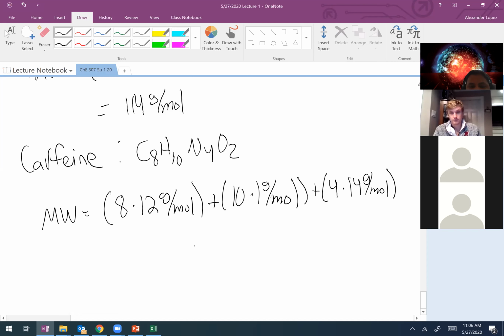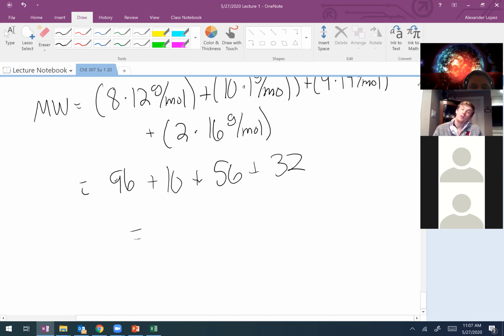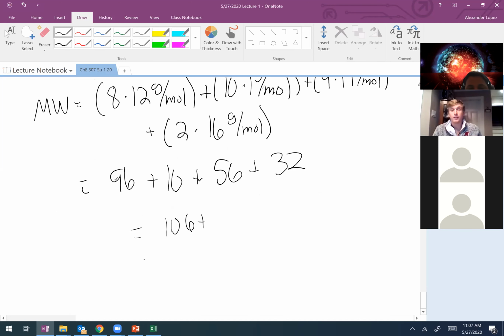And 2 atoms of oxygen at 16 grams per mole. Which gives us 96 plus 10 plus, what's 4 times 14, 56, plus 32. And I got 106 and 88, which is 194 grams per mole.